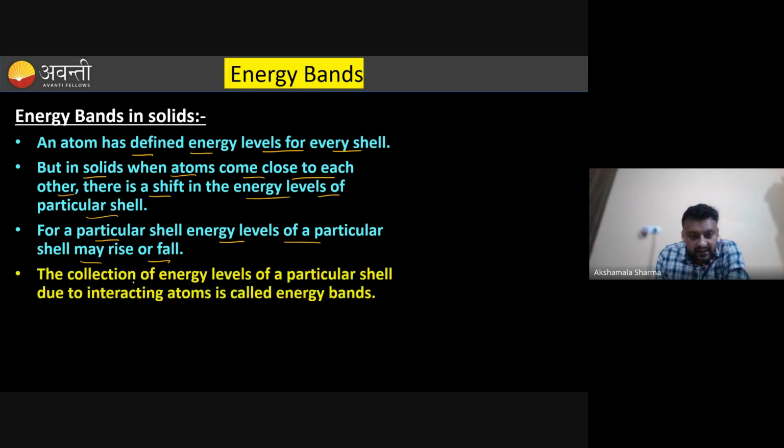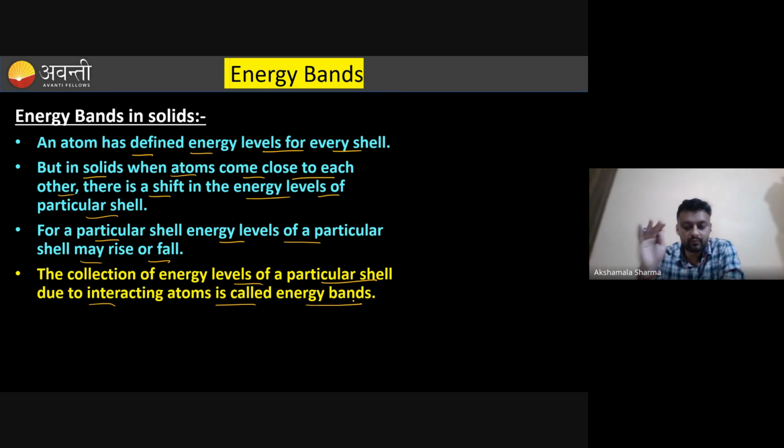So the collection of energy levels of a particular shell due to the interacting atoms is called energy bands. I think the statement is clear to you. The variation in energy levels, the collection of those variations, is called an energy band.